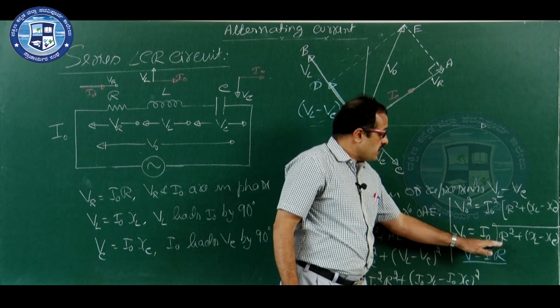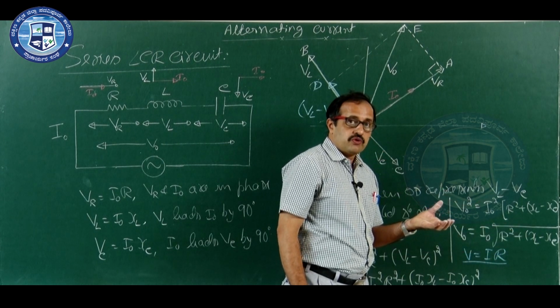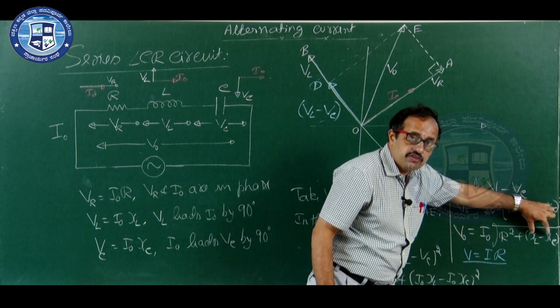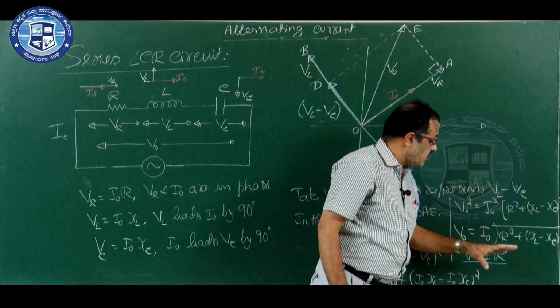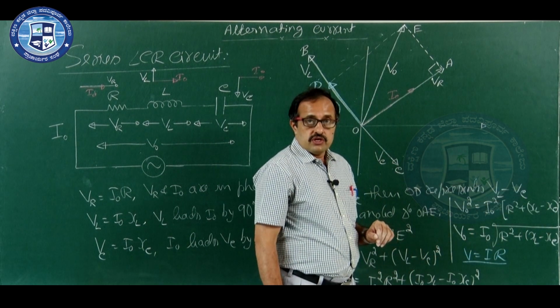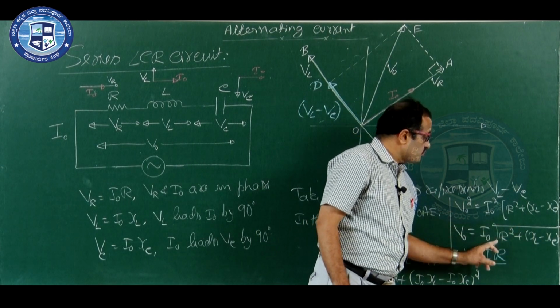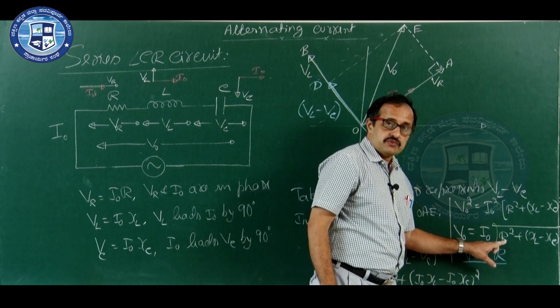But if you say the term inside the square root is the resistance of the LCR circuit, we have got a problem, because this is what? Reactance. Is it a resistance? No, it is reactance. Therefore, it is not resistance. Can we say this term is a reactance? Then also it is not possible because it is resistance.